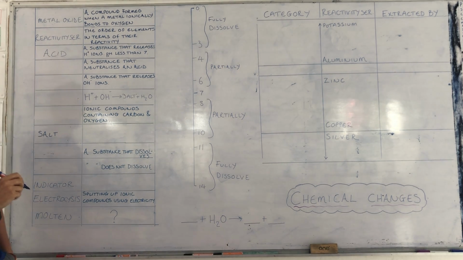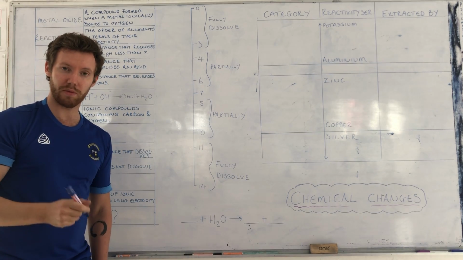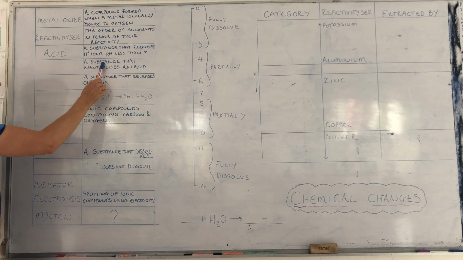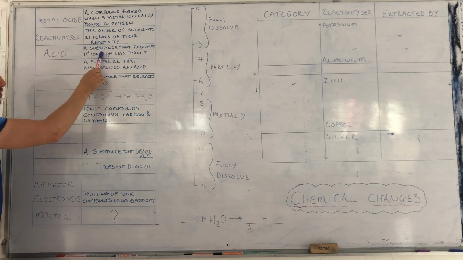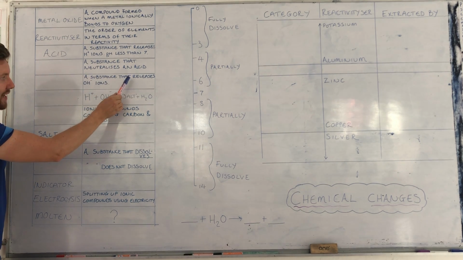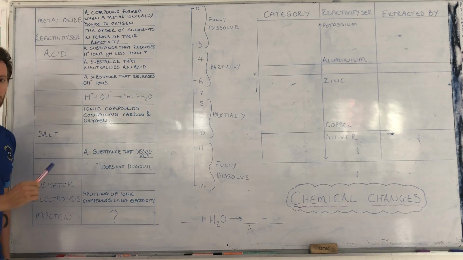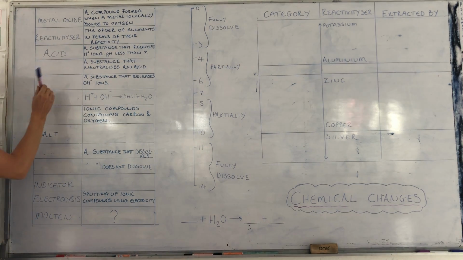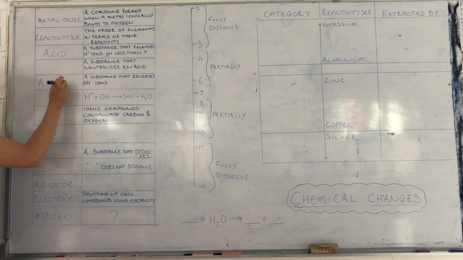Nice, okay. Just bear with me for one moment. There's some method in the madness here. I'm just going to jump to our next definition a little bit further down because it corresponds to what we've just defined here. Our next one, a substance that releases hydroxide ions. We have an acid, now we have an alkali.